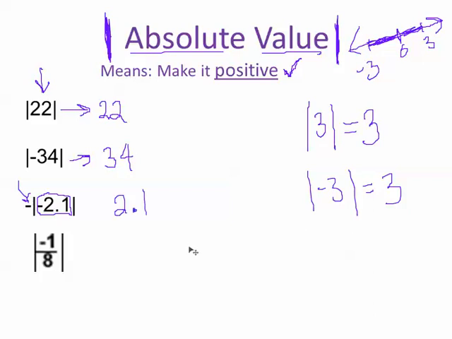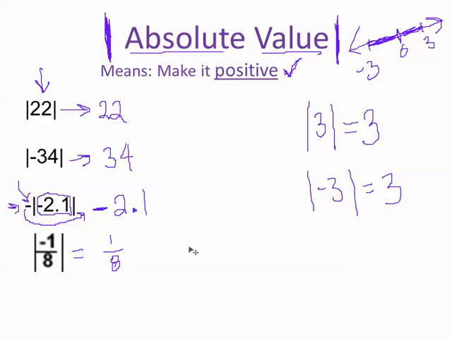But then there's this extra negative here that turns it back negative again. So my final answer is -2.1. It was positive when it came out, then it became negative again because of that goofy guy right out front there. Last one, what's the absolute value of -1/8?